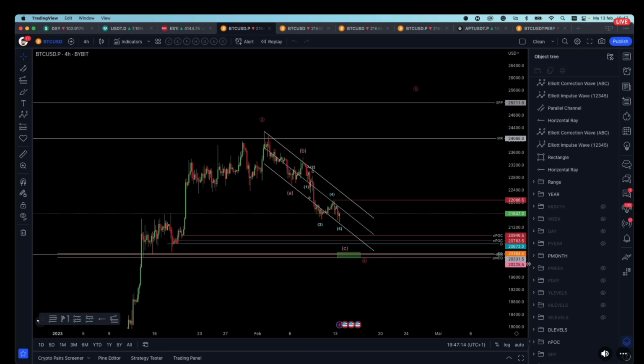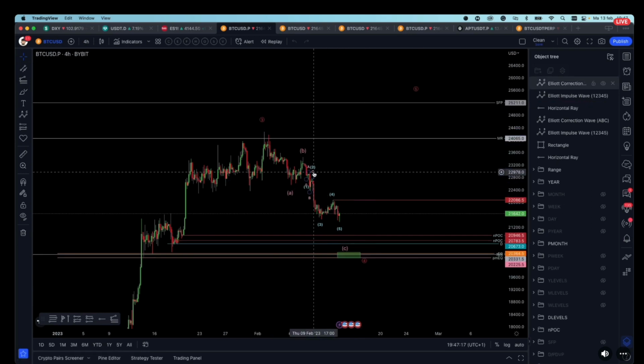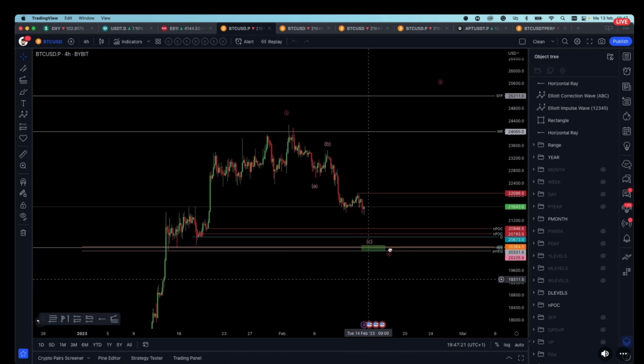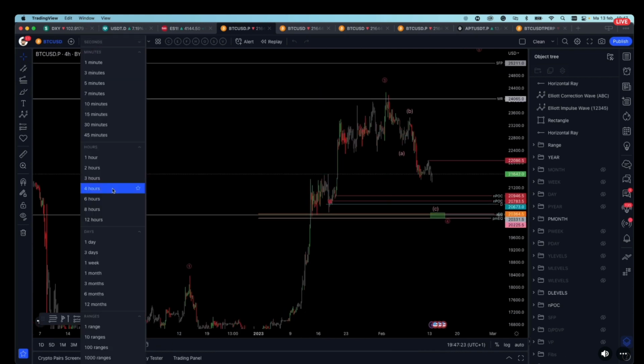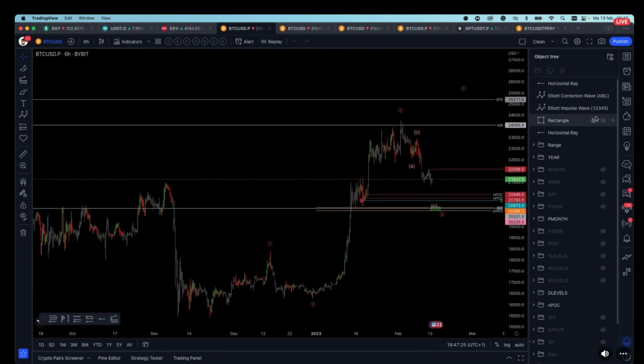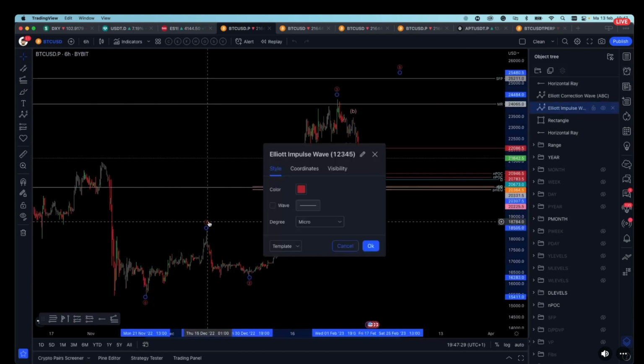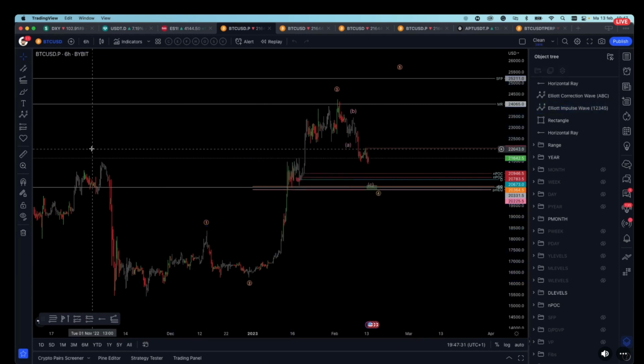So what would the target be for this move if we have a C wave? Well, then you can actually use the fibs again. Let me make this one yellow.